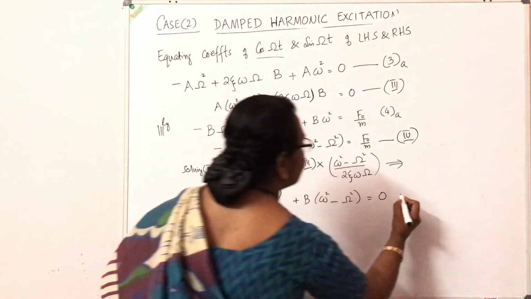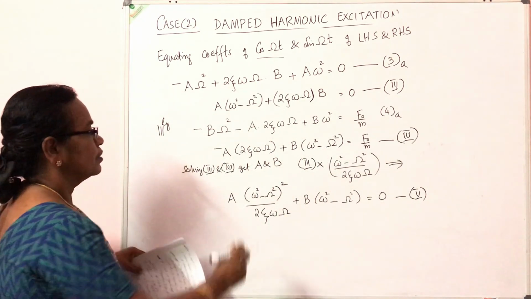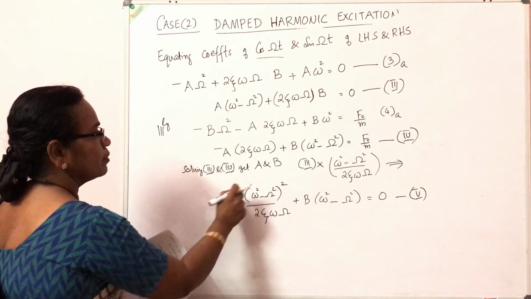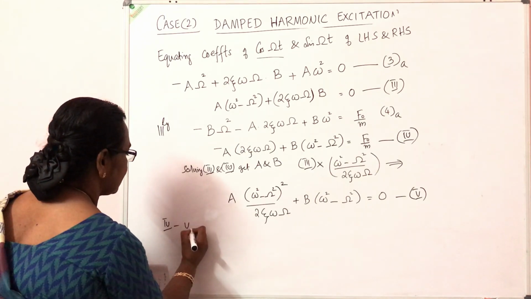Let it be 5. So compare these two and we can take 4 minus 5.